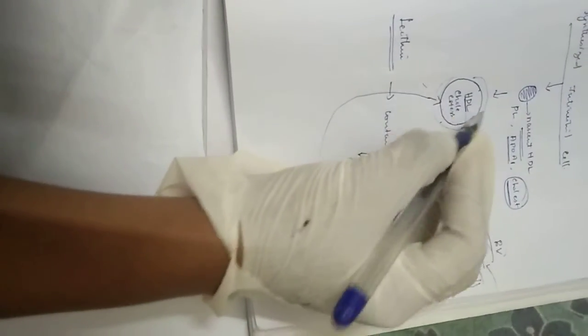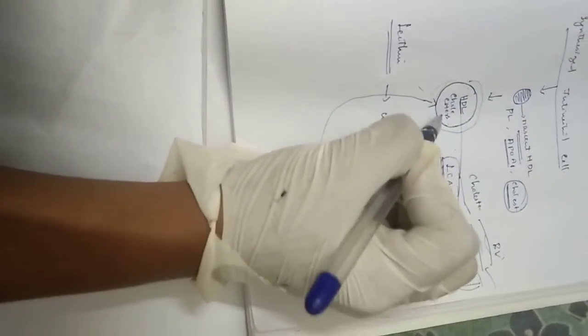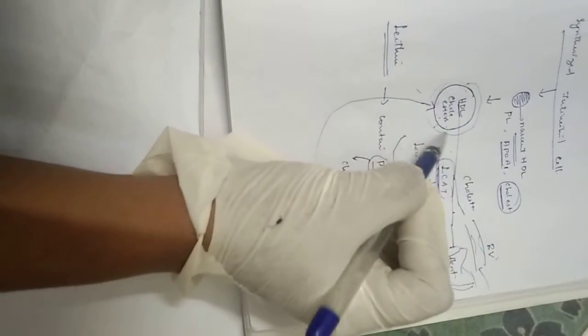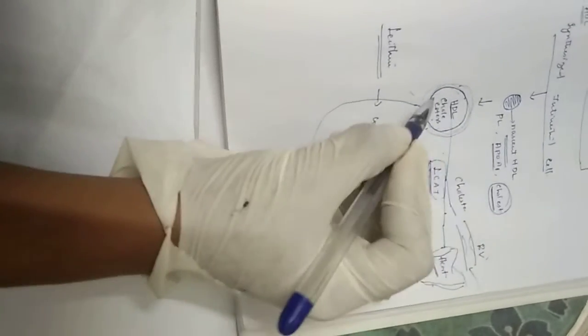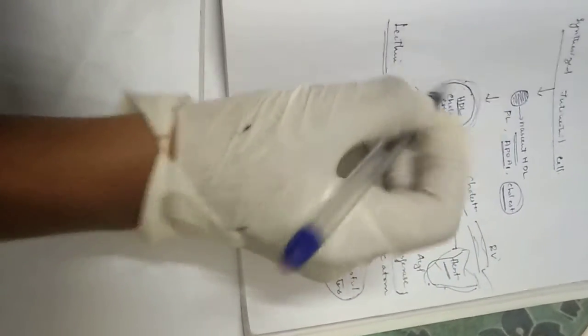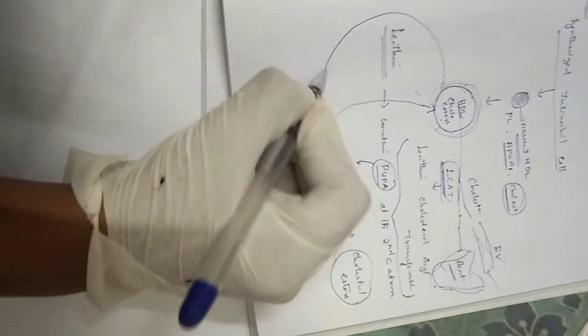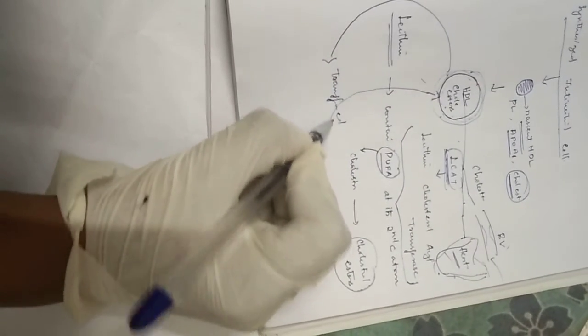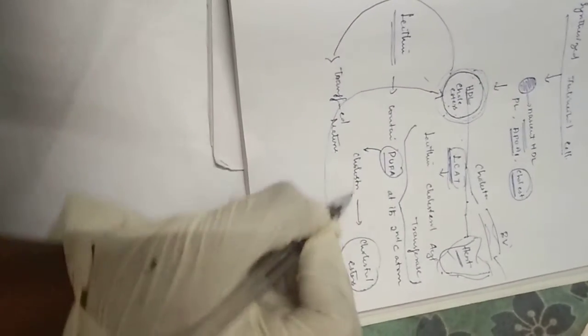This is how cholesterol esters enter the HDL molecules. These cholesterol esters accumulate inside the HDL molecule, and the HDL is now transformed into a very mature, very large molecule.